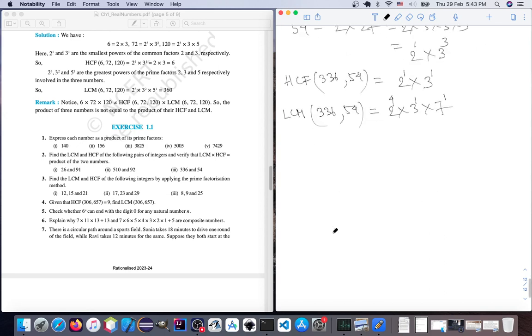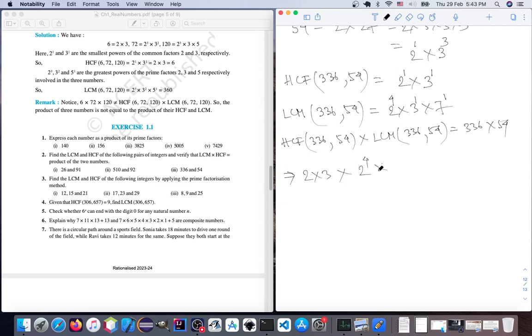Now, it is asking to check whether HCF into LCM is equal to 336 into 54 or not. This implies HCF we got 2 into 3 and LCM we got 2 to the power 4 into 3 into 7.